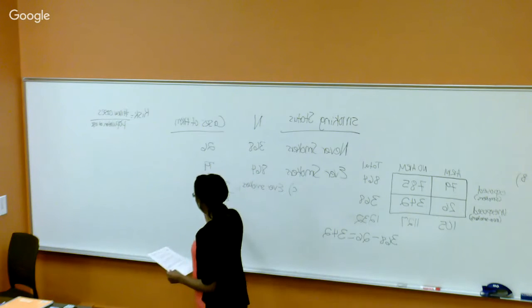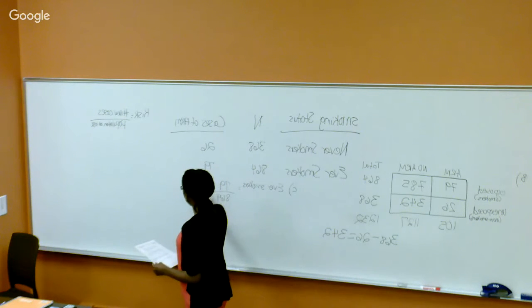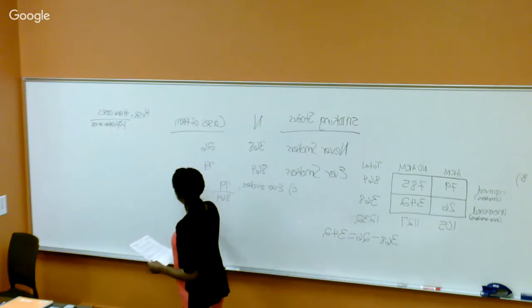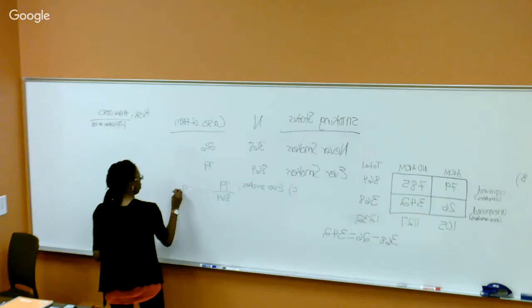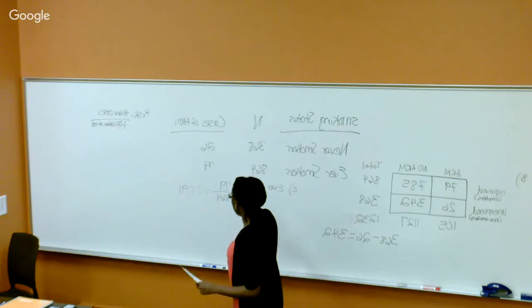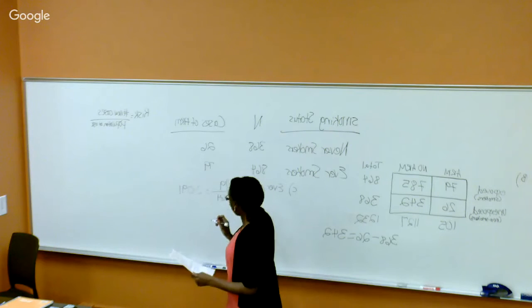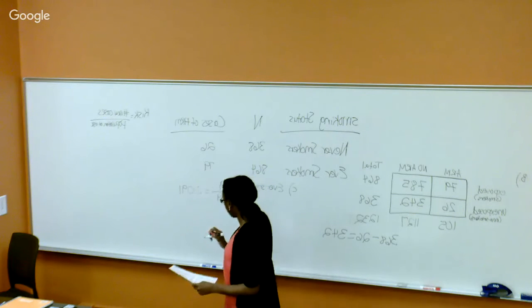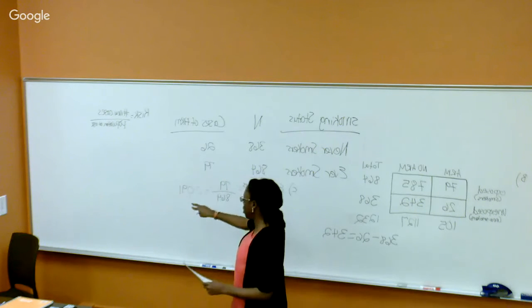And so we said this becomes 0.091. Okay. So that's your risk for this group. So you would normally just leave it like this.